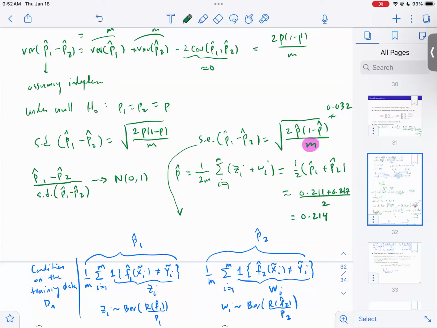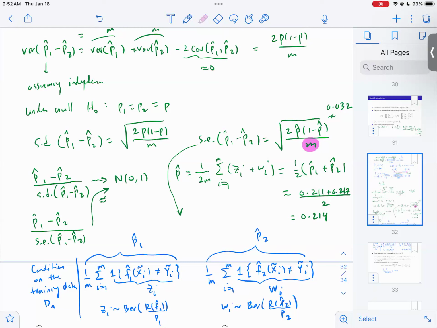With a large sample size, we can approximate it. I'm plugging in the estimate of this, but you can also show that this is true as well. The standard error, which is an approximation, also converges to the normal.